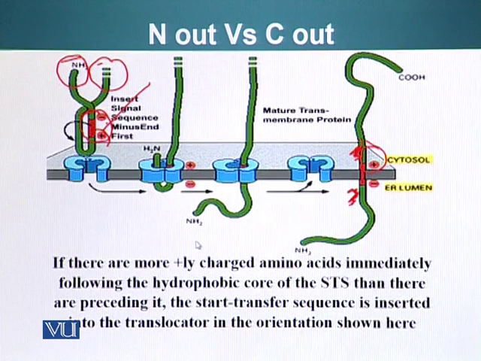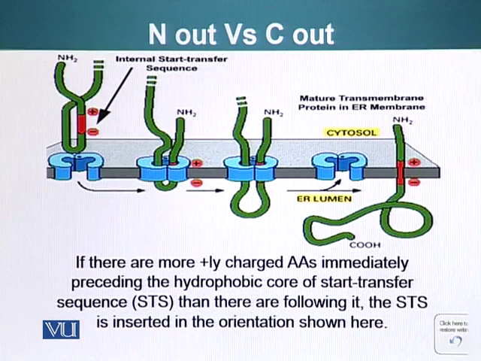Now let's look at the other scenario. If there are more positively charged amino acids immediately preceding the hydrophobic core of the start transfer sequence, then the start transfer sequence is inserted in the orientation that you can see on the slide. Again, we have the same principle. The positively charged amino acids are closer to the amino terminus, and the negatively charged amino acids are towards the carboxy terminus, which is present somewhere right here.